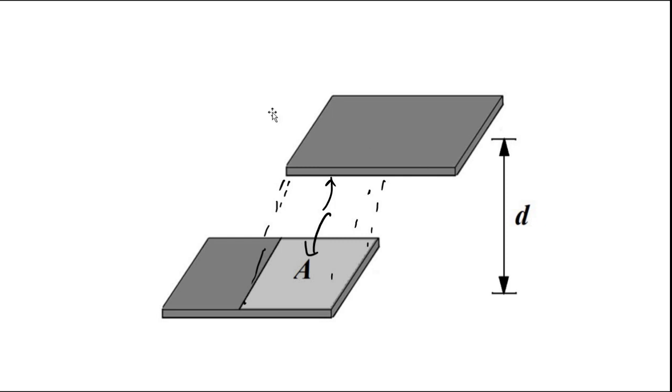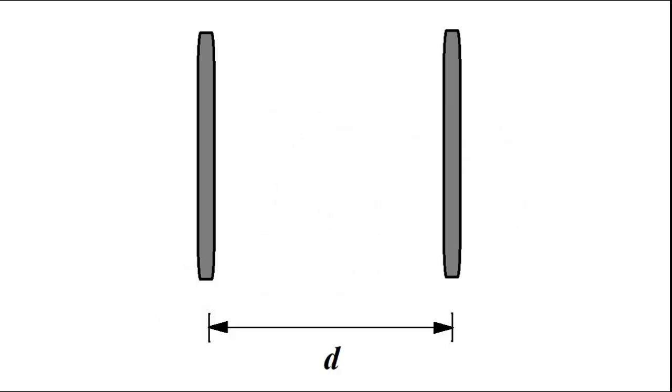When they are completely superimposed, the whole area is considered as the overlap area. As they are moved laterally, to and fro, the overlap area decreases. So this is the concept of overlap area and this is the distance.